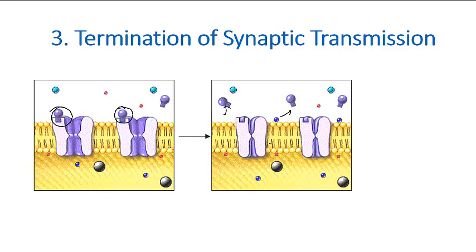Okay. In some cases the neurotransmitter is broken down by enzymes and the products are pumped away. So either they can be degraded or they can be pushed back to where they were released. The neurotransmitter acetylcholine is an example of this process. When the process is done, the neurotransmitter is broken down.